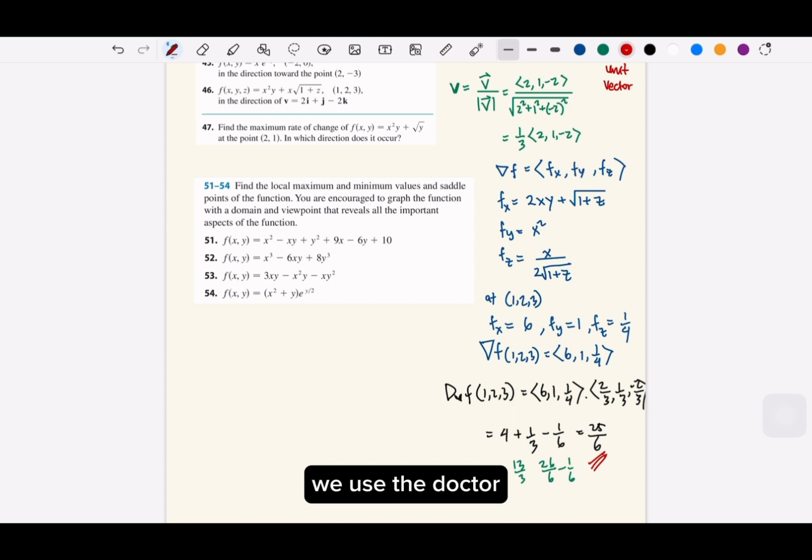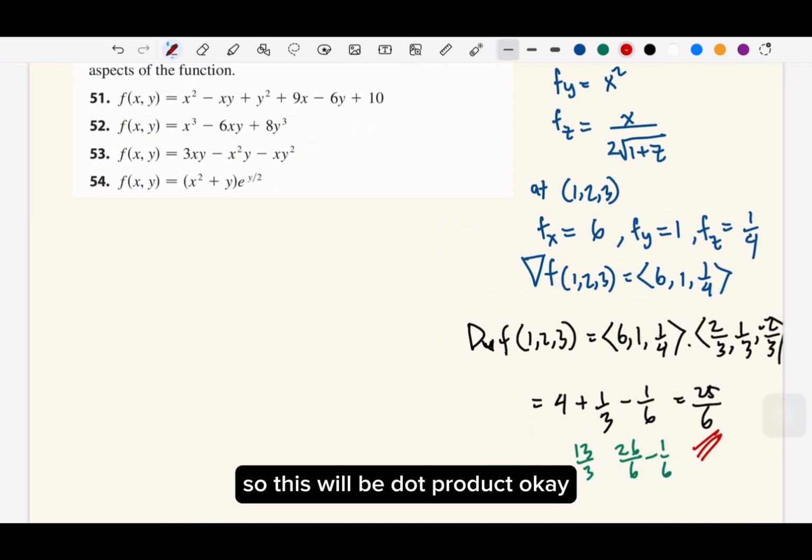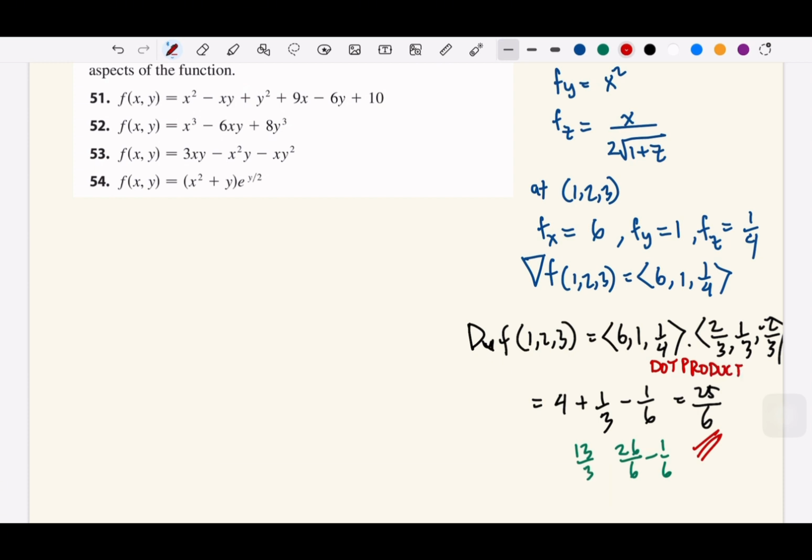Okay? We use the dot product. So the expected answer for the directional derivative is usually a constant, not a vector. It is a scalar.